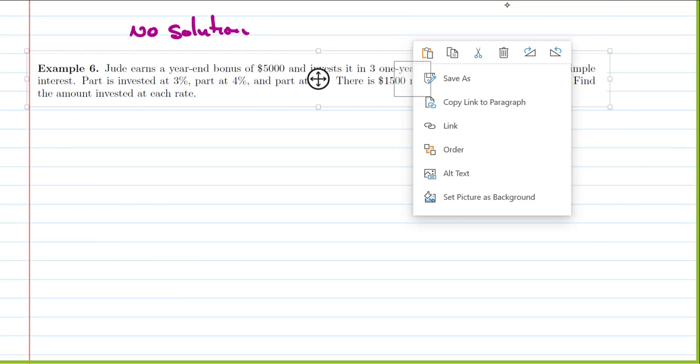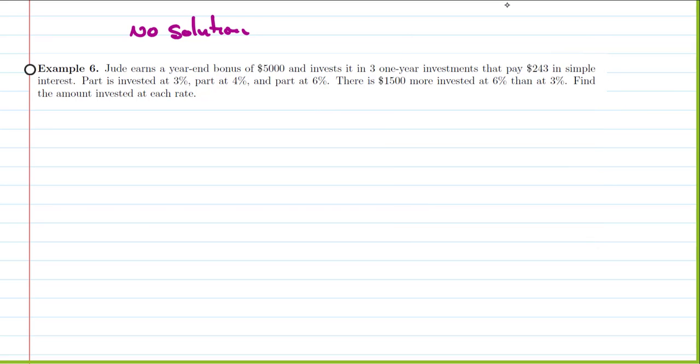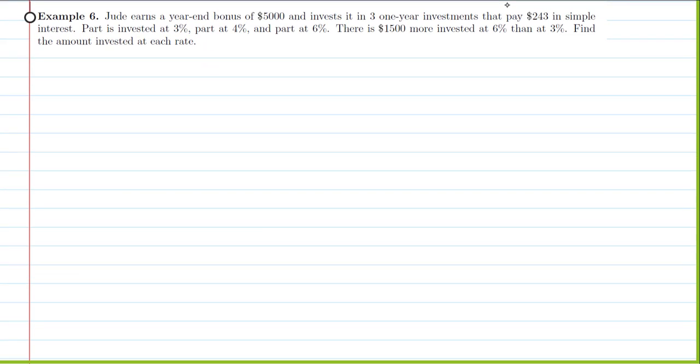Jude earns a year-end bonus of $5,000 and invests it in 3 one-year investments that pay $243 in simple interest. Part is invested at 3%, 4%, and 6%. There is $1,500 more invested at 6% than 3%. Find the amount invested at each rate.